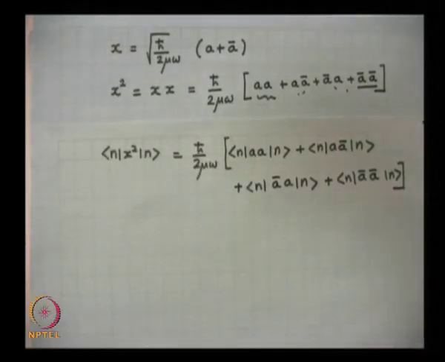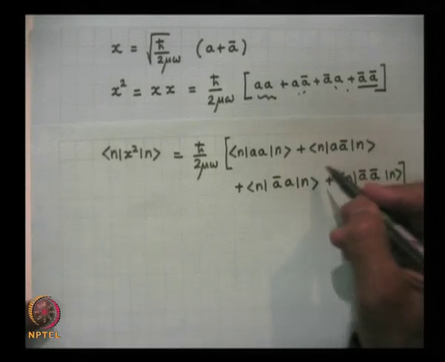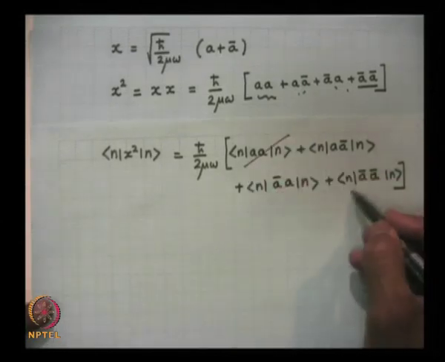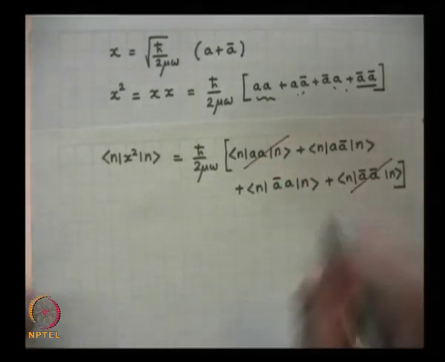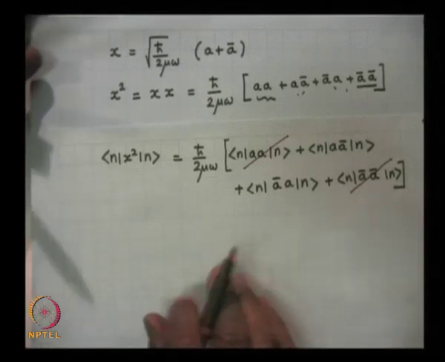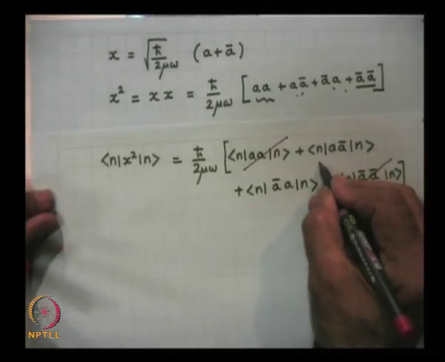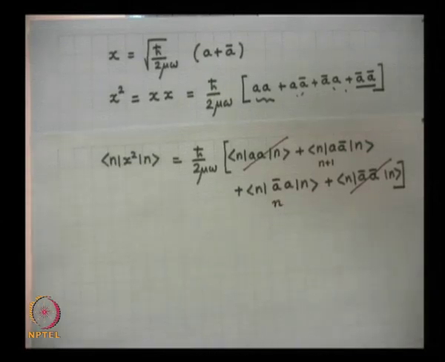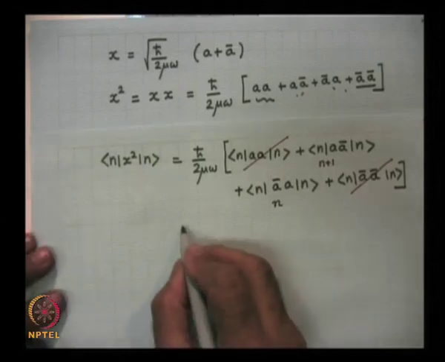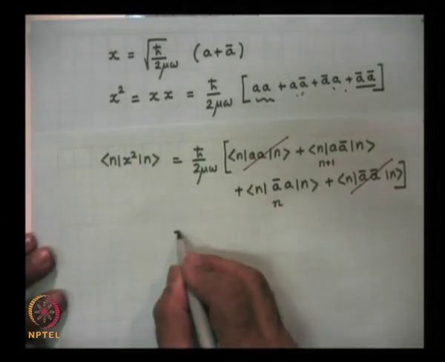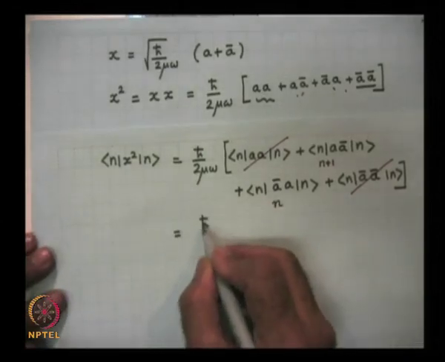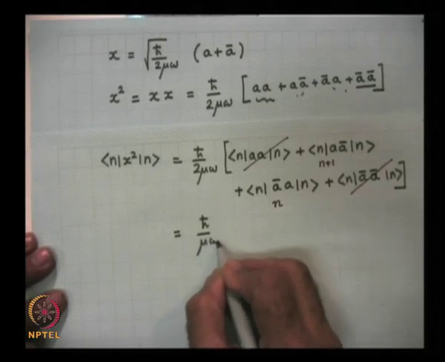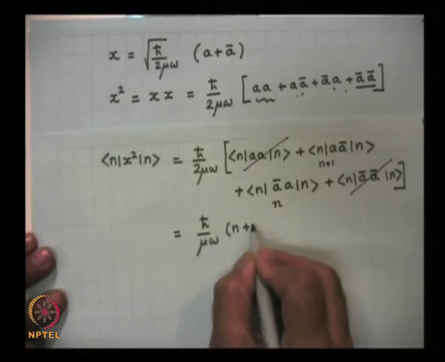We have just now shown that the first is 0 and the last is 0, and this one is equal to n plus 1 and this is equal to n. So, therefore, this will be 2n plus 1, and if I take the half inside, we will get h cross by mu omega times n plus half.